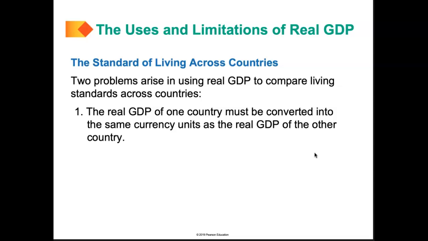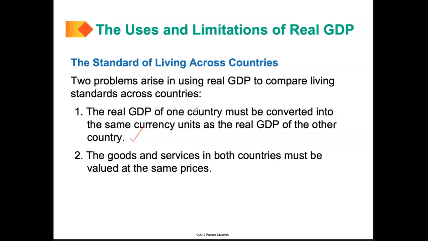At the same time, every country uses different currencies. So how do you compare the yen to the dollar? How do you compare the Canadian dollar to the Mexican peso? Different countries have different prices and different currencies. That's the major problem when you're trying to compare GDP across countries.